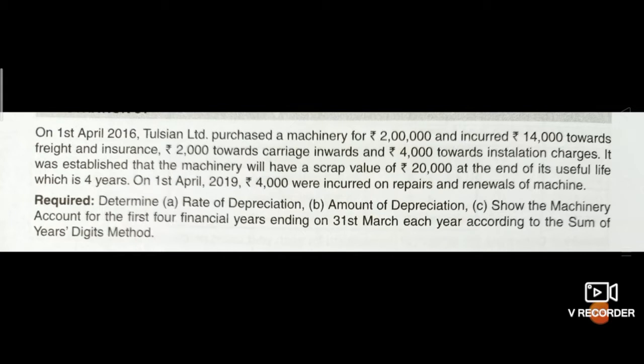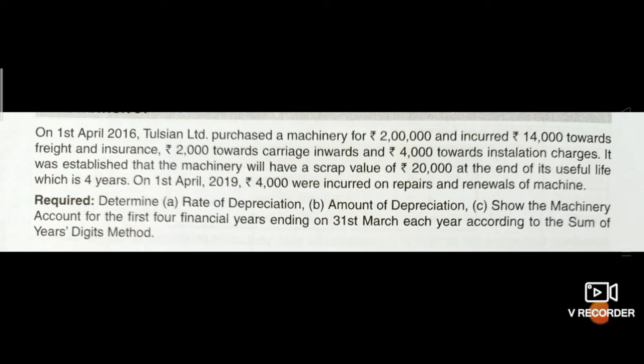On 1st April 2019, rupees 4,000 were incurred on repairs and renewals of the machine. We are required to determine the rate of depreciation and the amount of depreciation, and show the depreciation account for the first 4 financial years ending 31st March each year, according to the sum of years digits method. The entries in the machinery account are the same as usual.